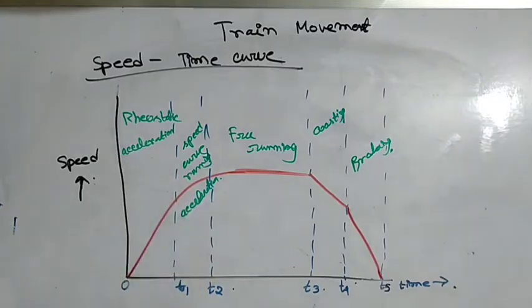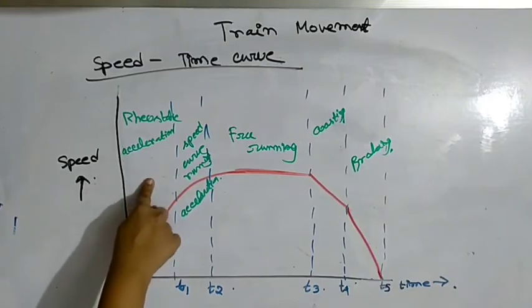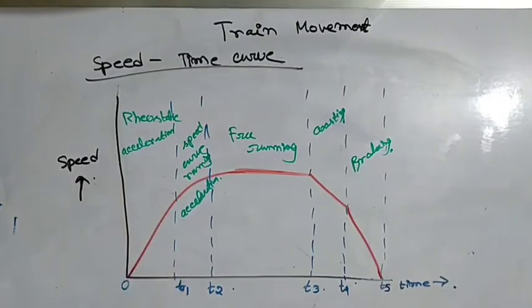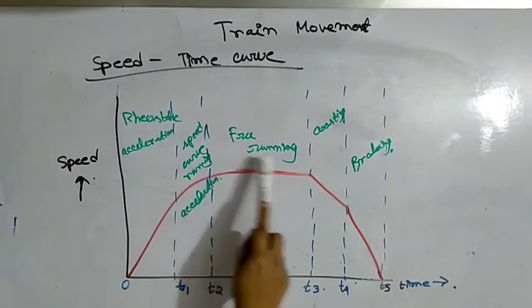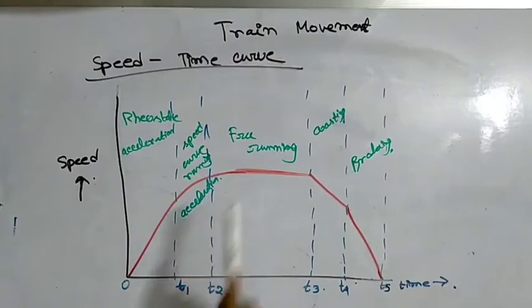This first portion is known as rheostatic acceleration or acceleration while notching. Then the second period is known as speed curve running or acceleration period. And from T2 to T3, this period is known as free running period. The speed of the train is constant in this period. Then T3 to T4 is known as coasting period.